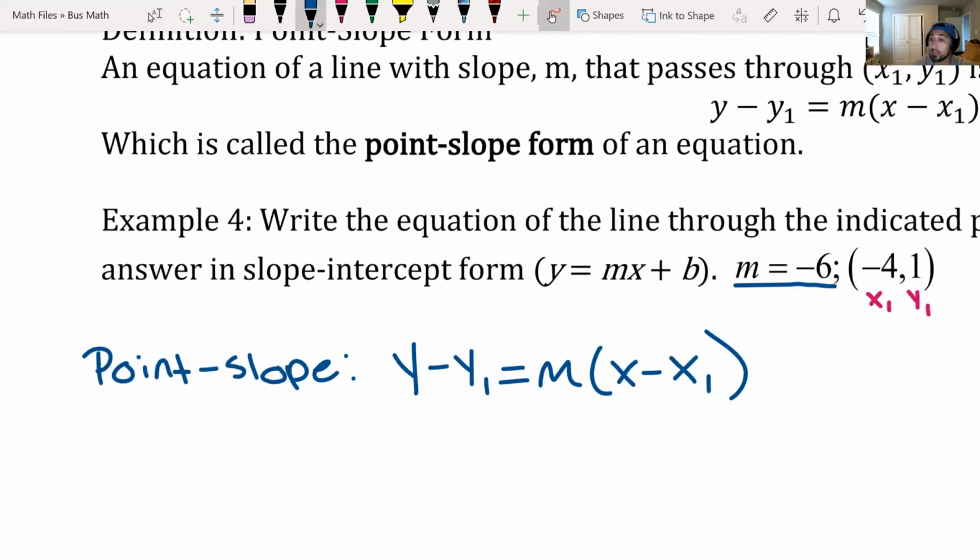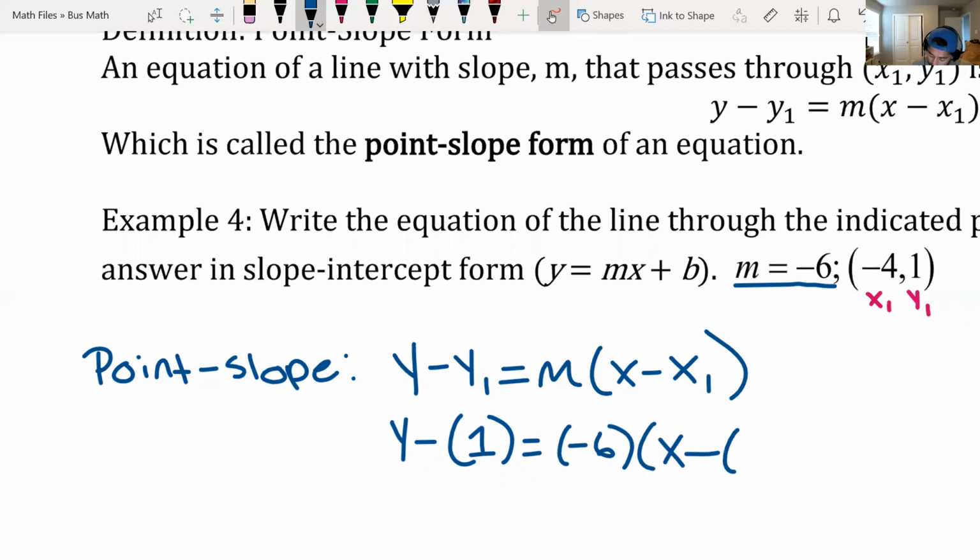Now, all you have to do is plug in what you know. y minus my y1 value, which I labeled above as 1, equal to our slope of -6 times x minus our x1 value of -4. Ooh, so many parentheses, right? So let's clean up a bit.